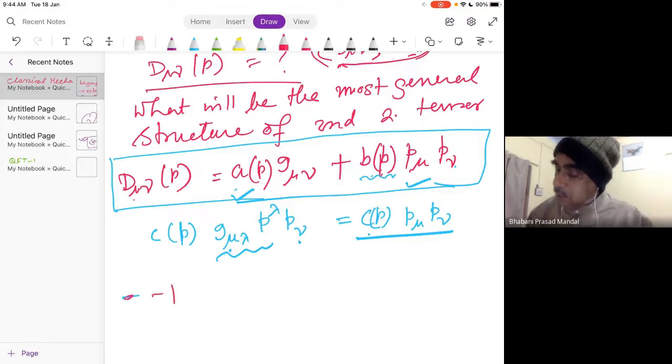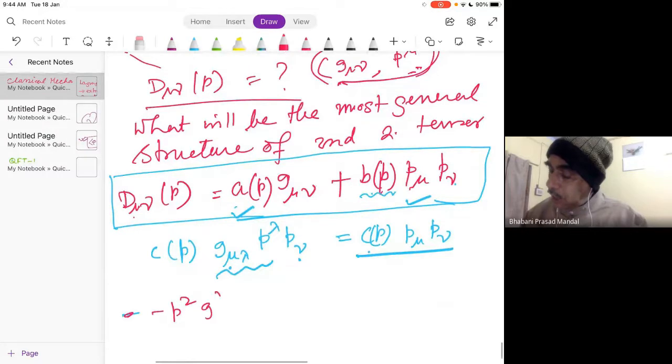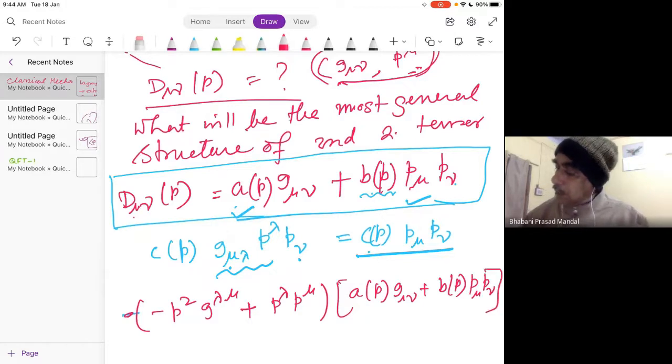So minus p square times g lambda mu plus p lambda p mu.